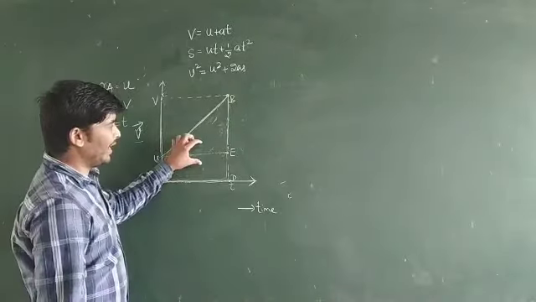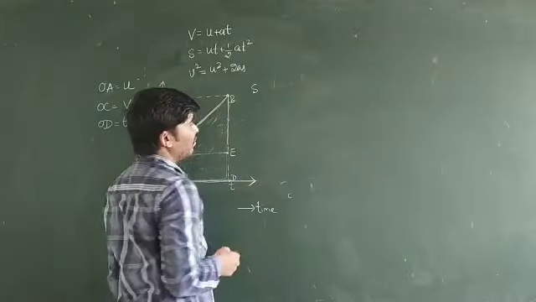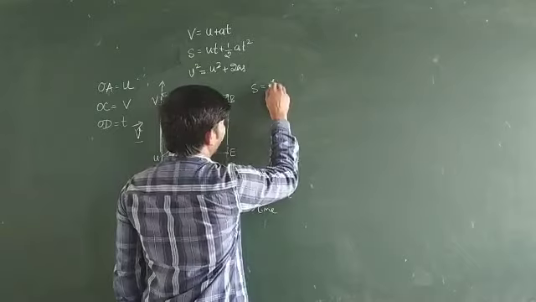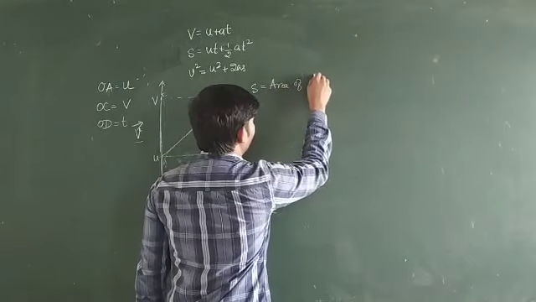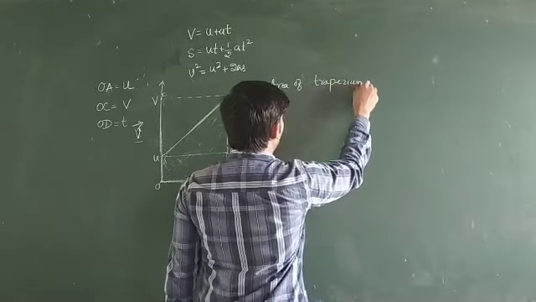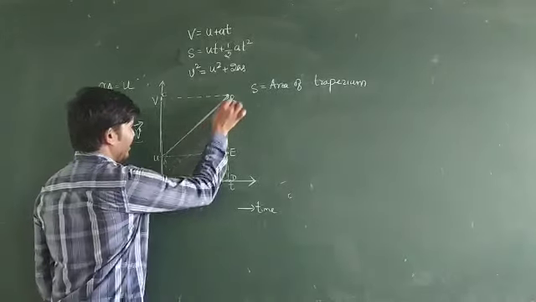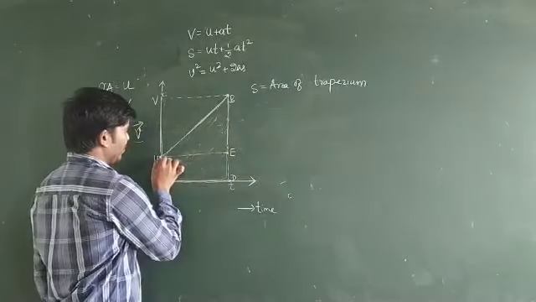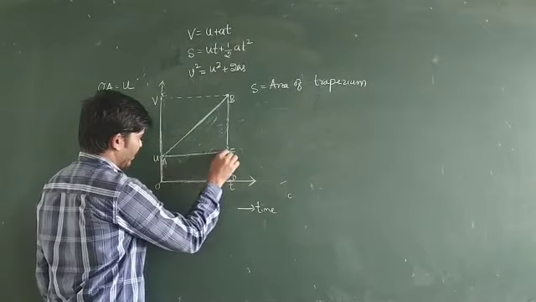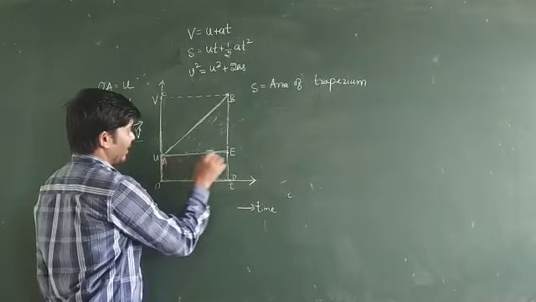By finding the area of the trapezium, we can find the distance traveled by the body, that is S. So S is equal to the area of the trapezium. Just look at this diagram properly. The trapezium is split into two shapes. The first one is OAED, which is a rectangle.